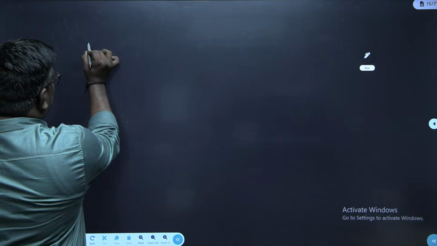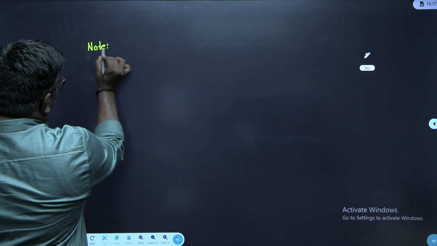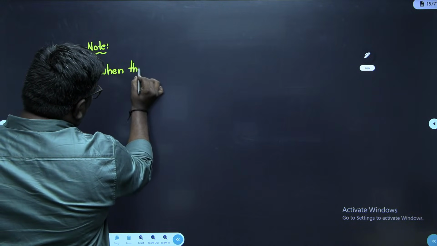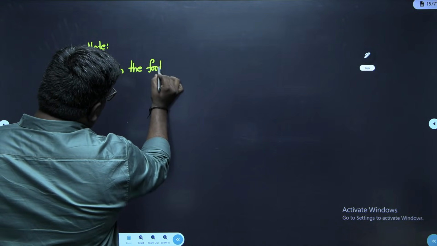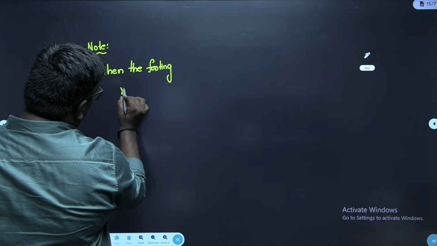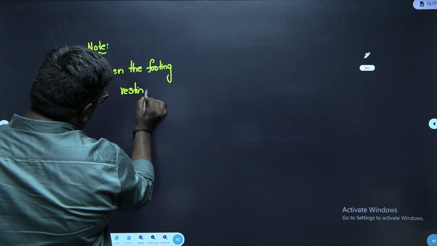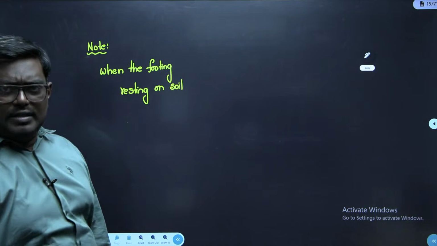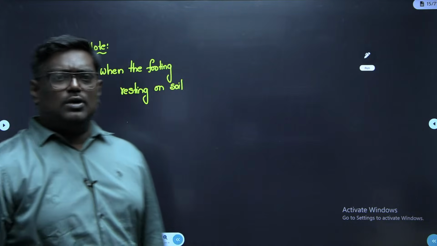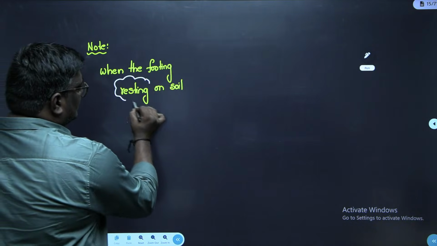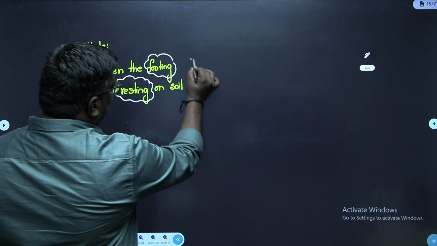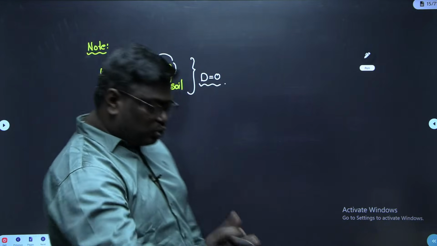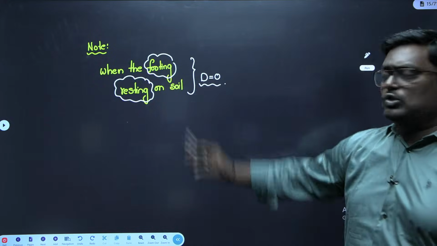The important note is: when the footing is resting on soil, when this word comes, you should understand that the depth of the footing is 0. Because there was a GATE 2023 question also, they have given using this concept.